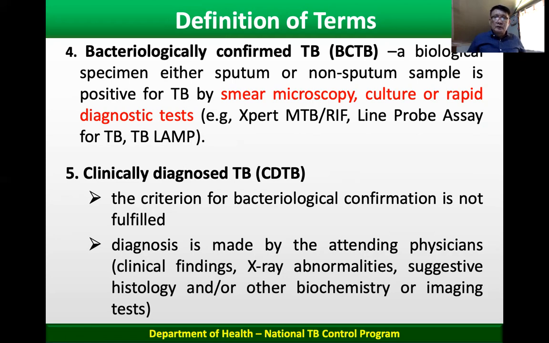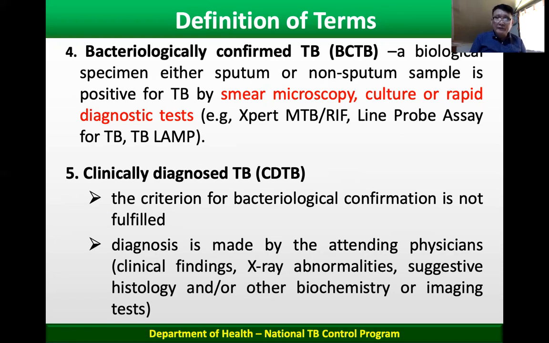So when a biological specimen comes to the laboratory, whether sputum or non-sputum, when you say non-sputum, it is related to extrapulmonary specimen. And they turn out to be positive by smear microscopy, culture, or rapid diagnostic tests such as the GeneXpert. So they are labeled as bacteriologically confirmed TB.